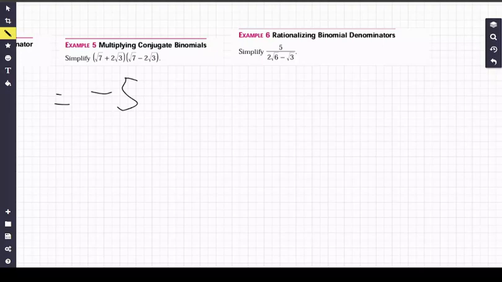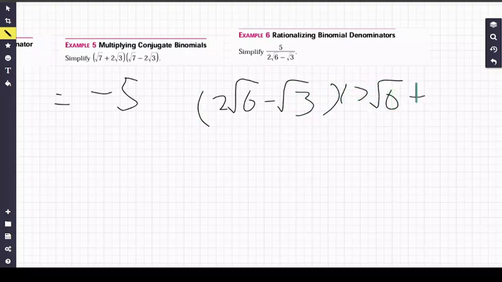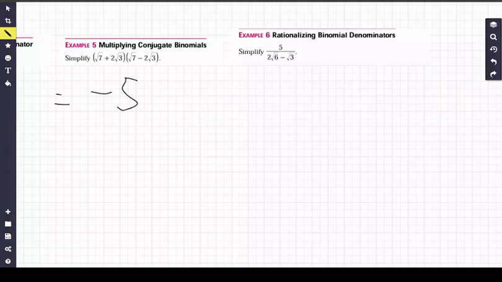So in this case, we're trying to get rid of the radicals in the bottom. So what is the conjugate of this? Well, 2 root 6 plus root 3, that is going to be the conjugate. So we switch the signs, and that's our conjugate. So let's go ahead and write this out and see how it works.